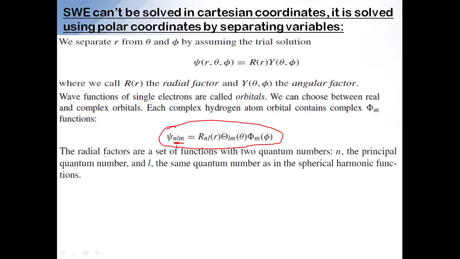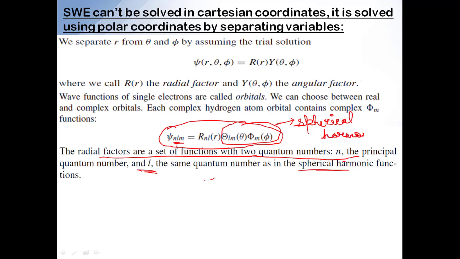Before going to quantum numbers, let me read this. The radial factor is a set of functions with two quantum numbers, again n, the principal quantum number, and l, the same quantum number as in the spherical harmonic function. This thing, theta and phi, is called spherical harmonics, the angular part.